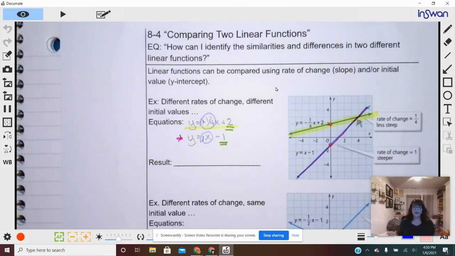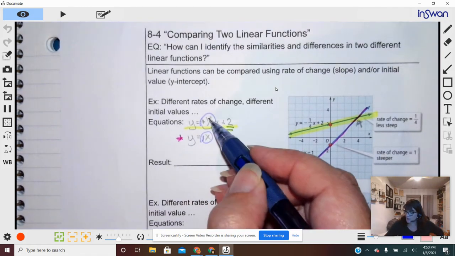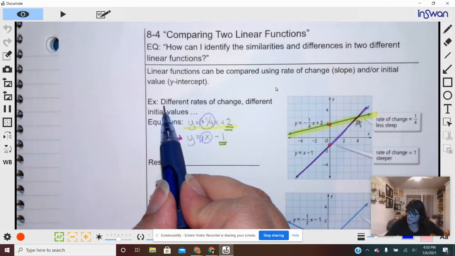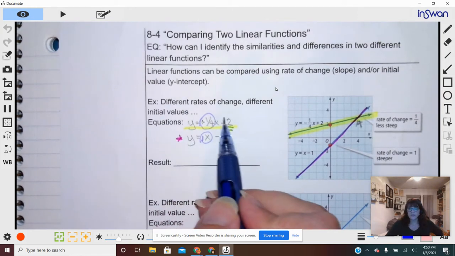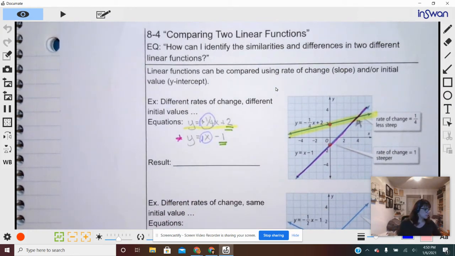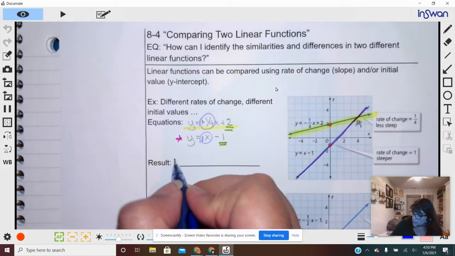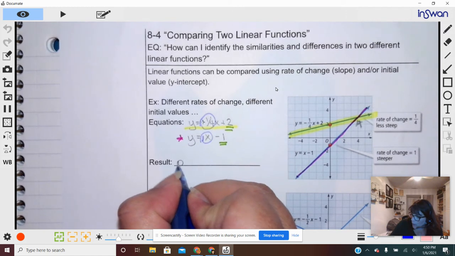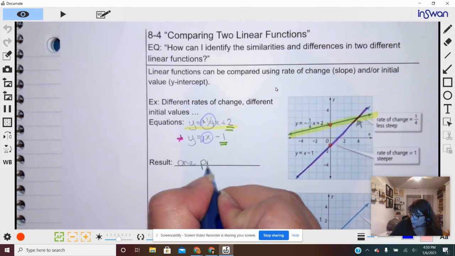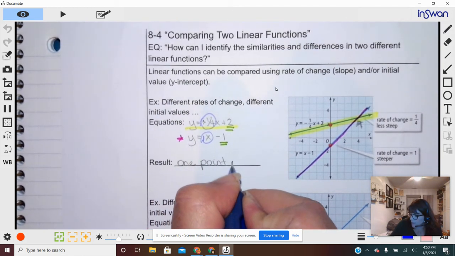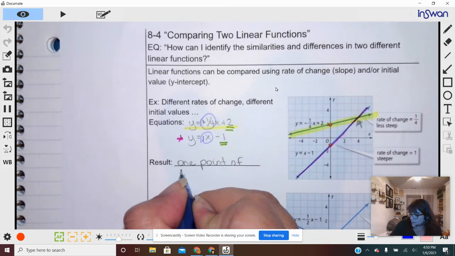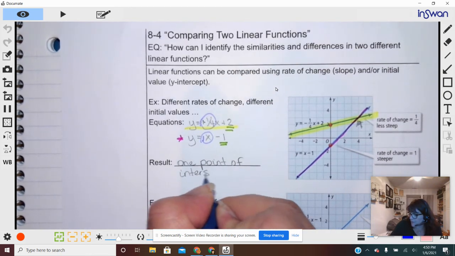The result of having different slopes, different rates of change, and different initial values, okay, the result of that is going to be that we have 1 point of intersection.